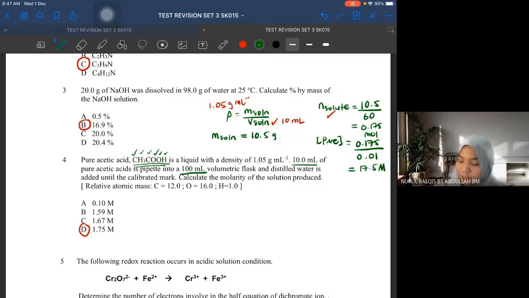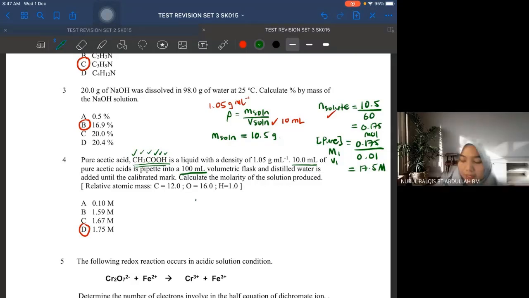So assume that this pure belongs to molarity 1 and the 10 ml adalah volume 1. So kita nak dilutekan dia up to 100 ml sebab dia kata distilled water is added until the calibrated mark. Means our V2 is 100 ml kan? Yes.